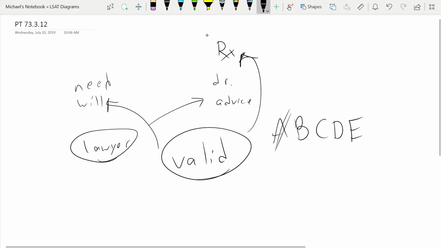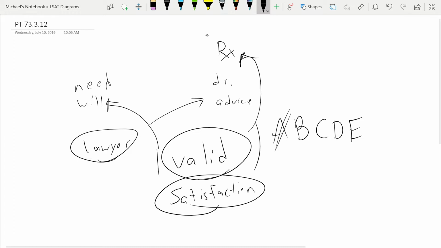A is out. C talks about satisfaction, and so does the argument. I pulled out this word, but maybe it would have been better for me to pull out that word.